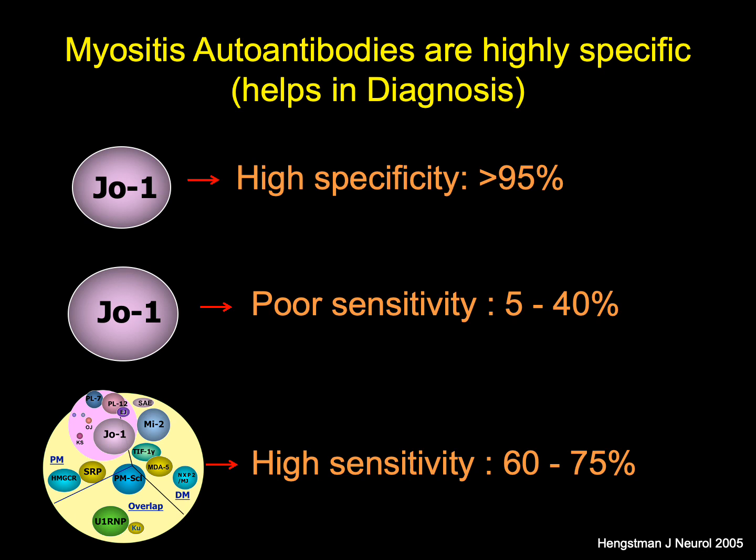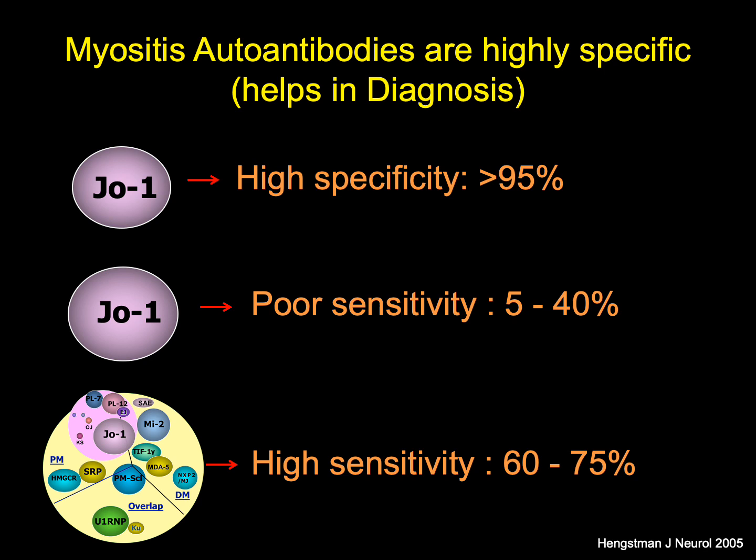Although an individual myositis autoantibody may not be present in that many patients, collectively, if we test for not just one antibody but all of the available myositis antibodies, the sensitivity actually increases to about 60 to 75% depending on the center.